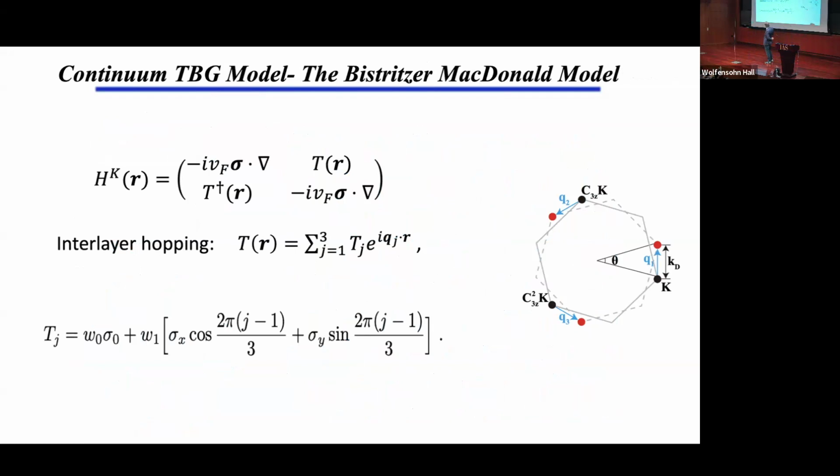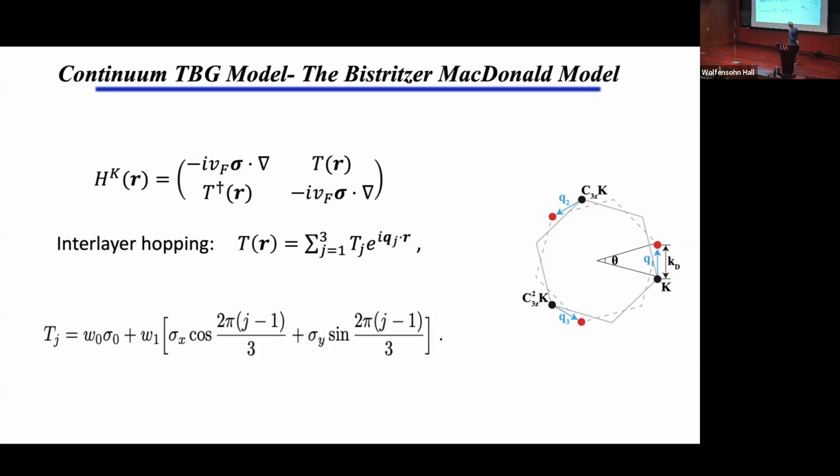This is the Dirac sigma dot k in real space of the lower layer. This is at the k point. This is sigma dot k at the upper layer. There should have been a small angle; this should be rotated by a small angle. Turns out that's a 10 to the minus 5 or 10 to the minus 4 change in the band structure, so we're just going to neglect it.